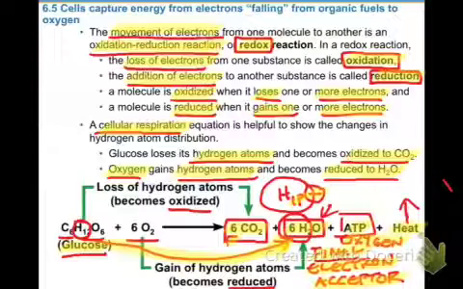So for every hydrogen, you have 1 proton and 1 electron. 2 hydrogens, 2 electrons; 3 hydrogens, 3 electrons, and so forth. And when we take those electrons away from glucose, we're giving them to oxygen. Oxygen becomes the final acceptor, and we're forming water in that process. A little tricky.